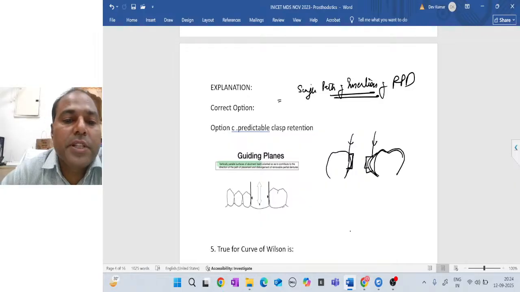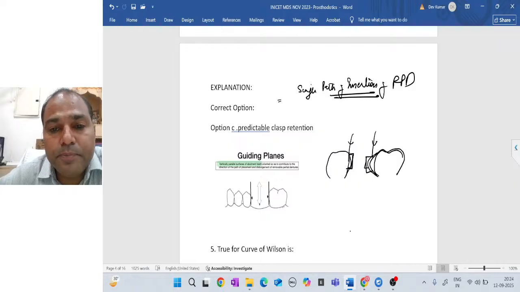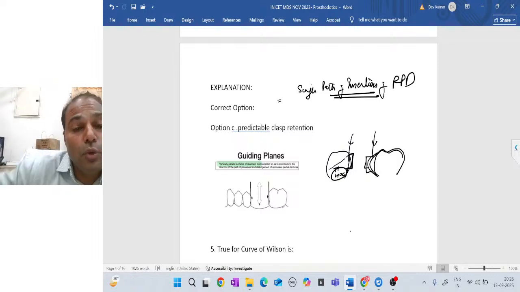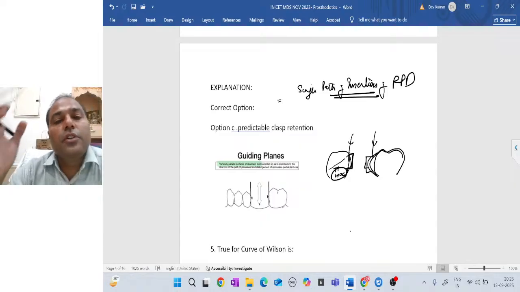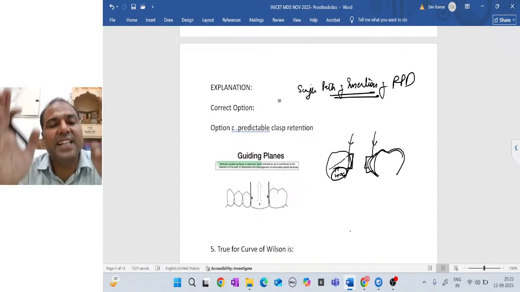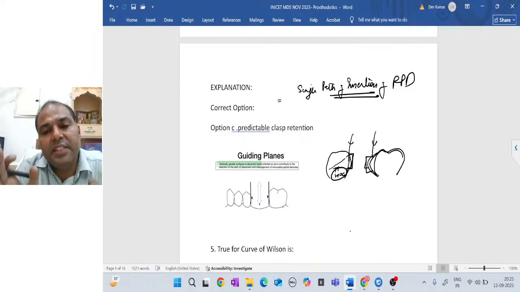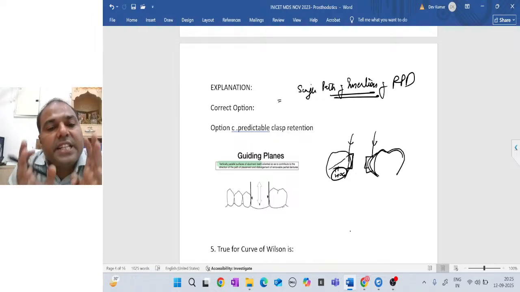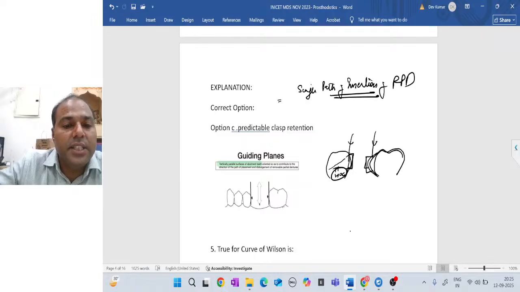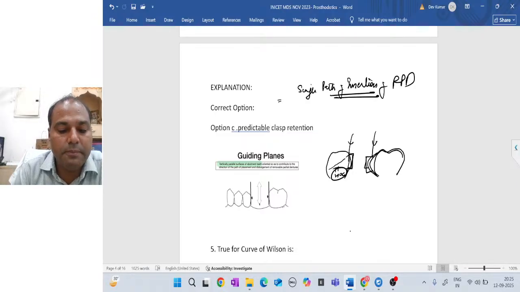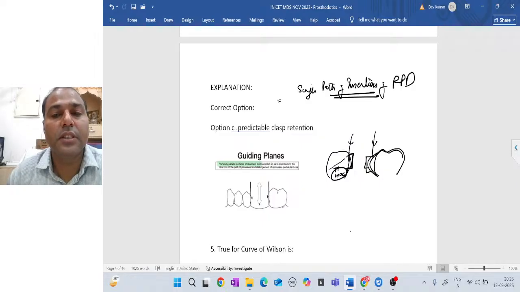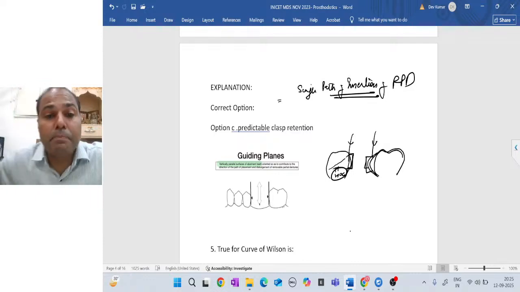So when every component is in the right place, the clasp will definitely be below the height of contour. That's what we want. We want the clasp tip to be below the height of contour. If because of this guide plane we are able to seat the RPD completely, the clasp tip would go below the height of contour and will definitely produce the desired retention. So it will help in predictable clasp retention.